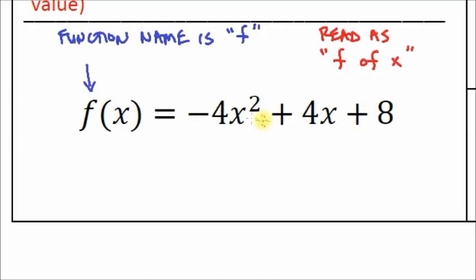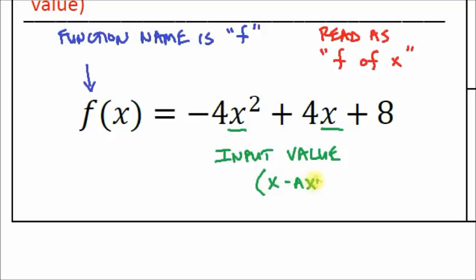All right, let's note two more things before we actually evaluate some functions. The first thing is, let's take a look at this. This variable right here, x and x, this is called our input value. And that is usually the value that gets graphed on the x-axis of a graph. So if we had an actual graph laid out here, probably this input value is going to be graphed on the x-axis.